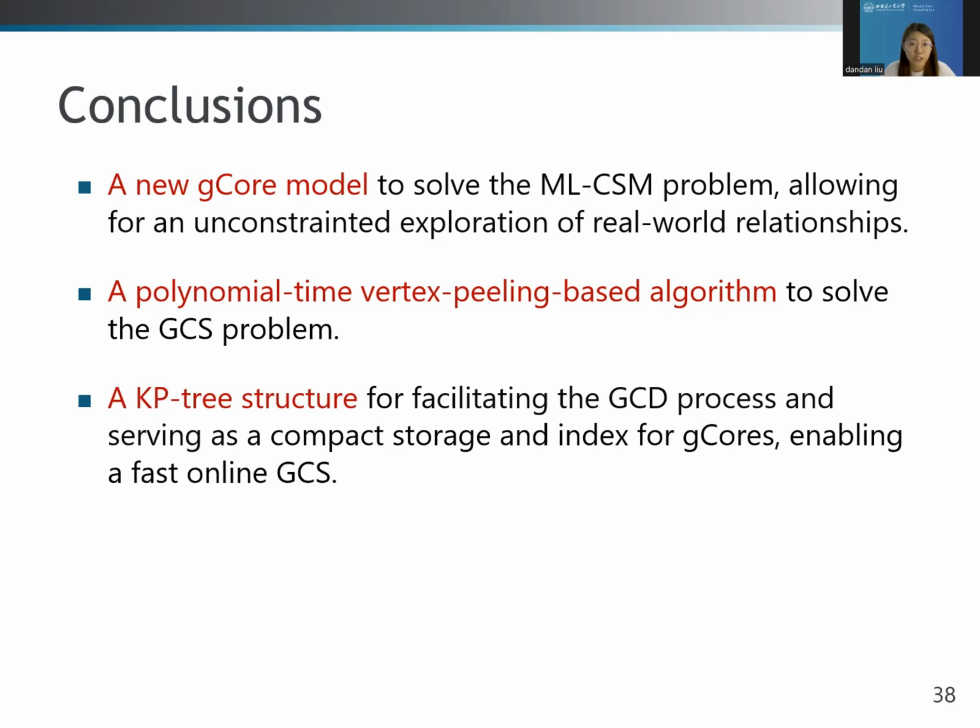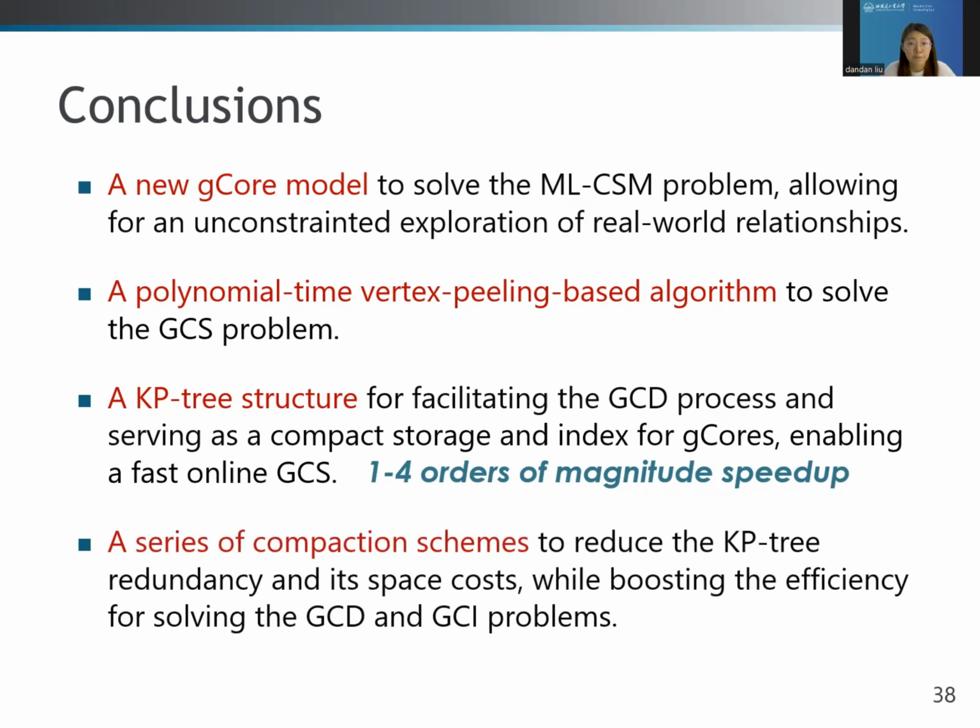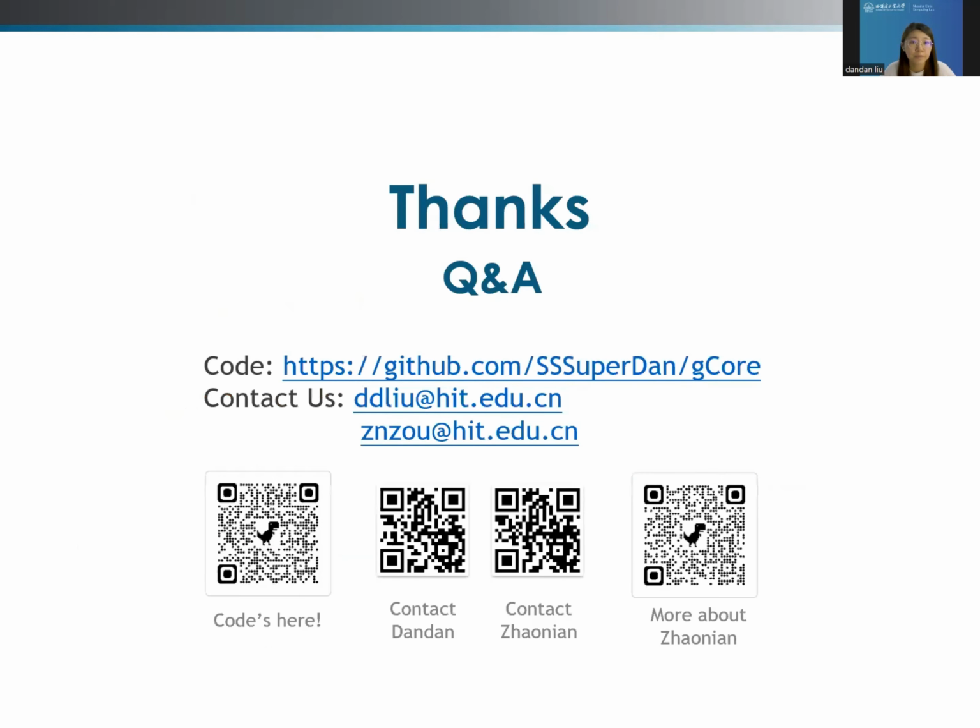A KP tree structure is introduced to facilitate G-core decomposition and serve as a compact index for all G-cores. It enables a fast online GCS method, which significantly outperforms the peeling-based approach. Moreover, a series of P-tree compaction techniques are proposed to reduce redundancy within the KP tree, while also improving its construction efficiency. That's all the content I want to share with you in this talk.